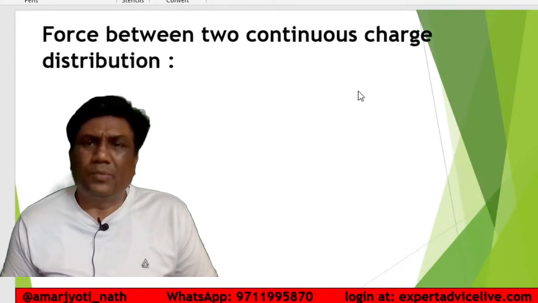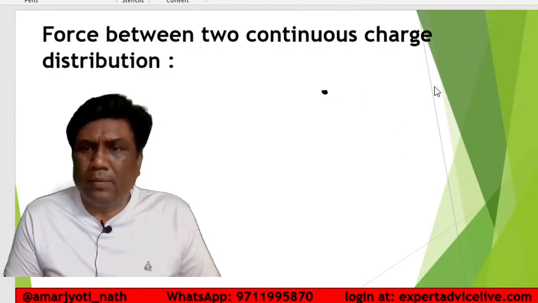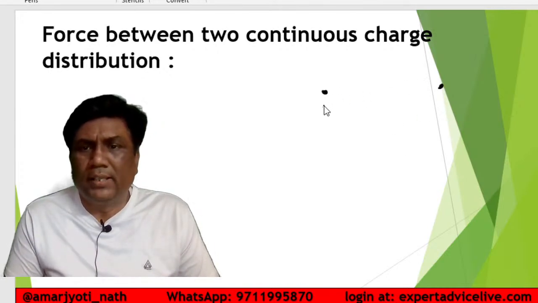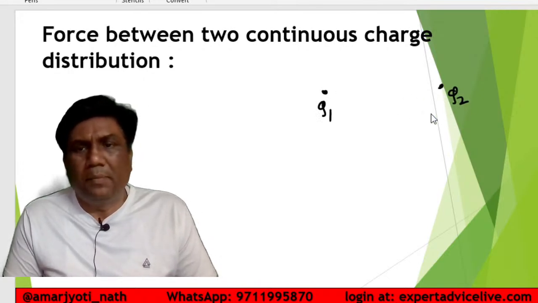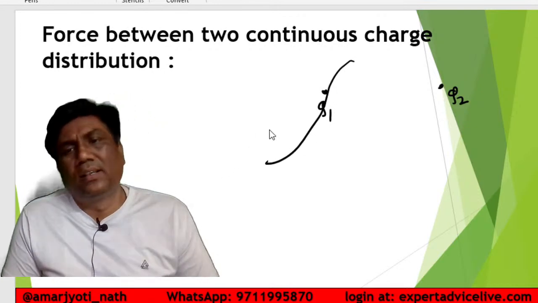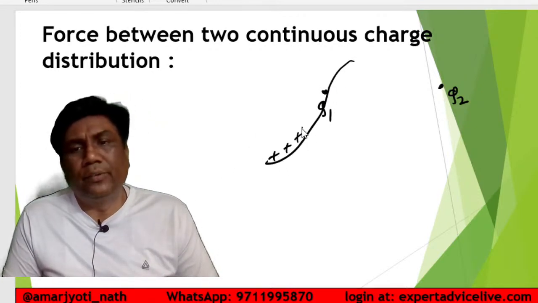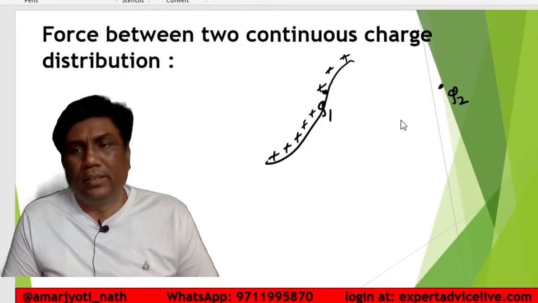If there is some continuous charge distribution, say you know the force between these two charges, say that is Q1, that is Q2. But if this is not a point charge, say this is a continuous charged body, what will be the force on it? What will you do?